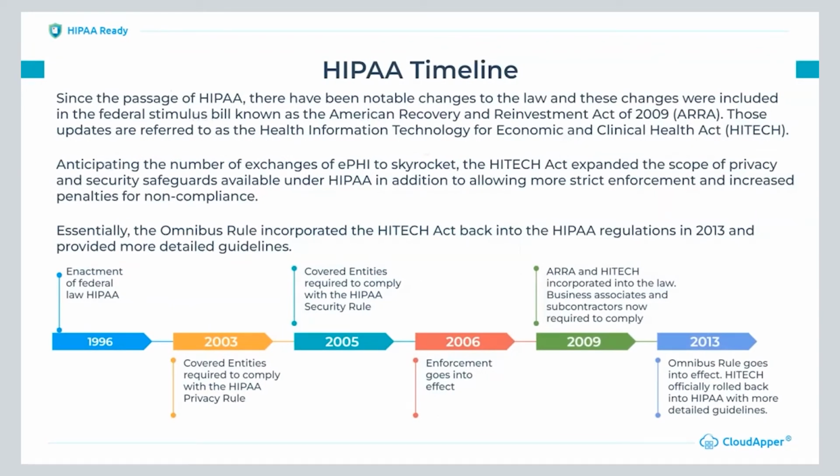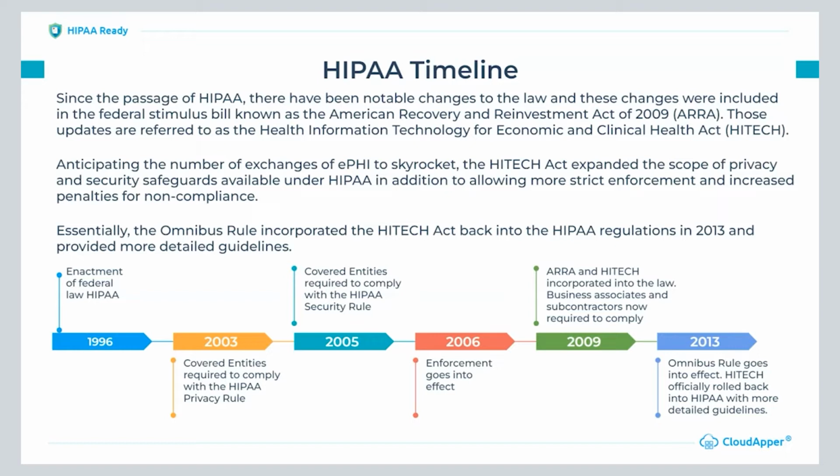HIPAA timeline. Since the passage of HIPAA, there have been notable changes to the law, and these changes were included in the federal stimulus bill known as the American Recovery and Reinvestment Act of 2009. Those updates are referred to as the Health Information Technology for Economic and Clinical Health Act.